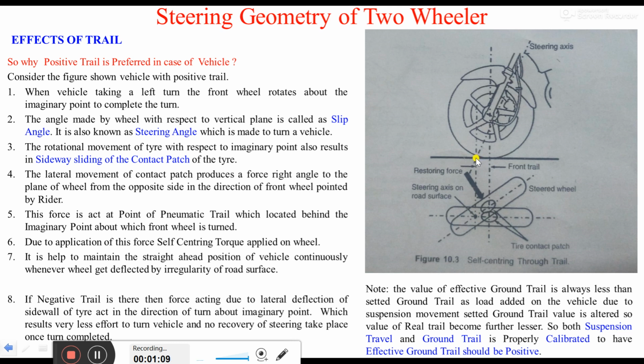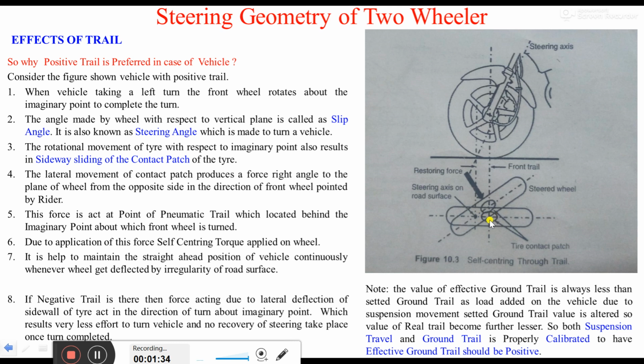Okay, after that, whenever this vehicle is making a left turn, so this is a left turn. If you take a top view of this, then you get this view when the steering is held at the straight ahead position. At that time, the contact patch of the tire is here somewhere.